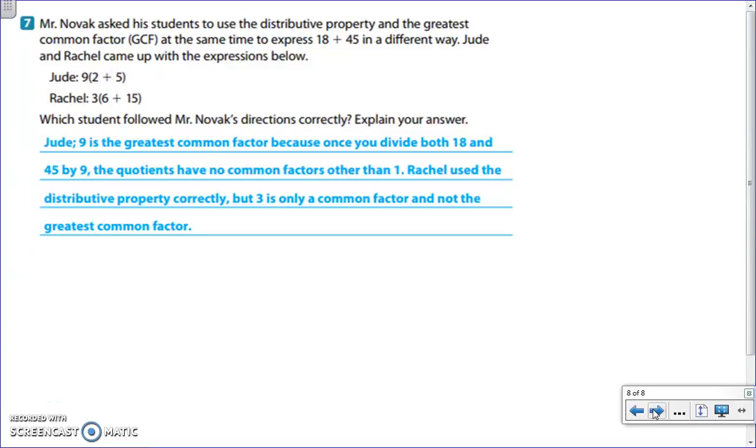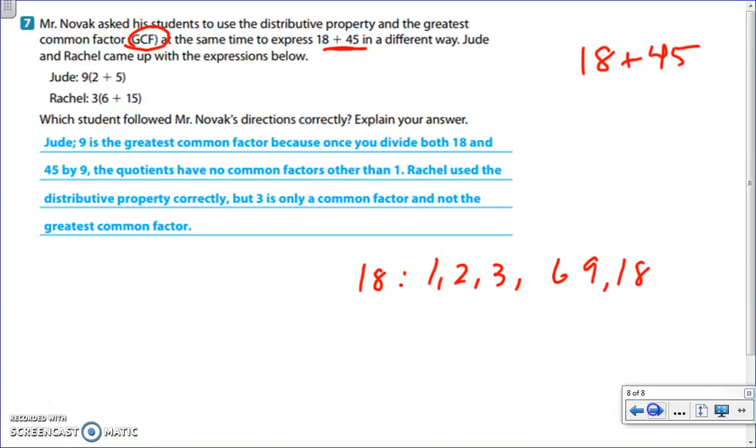So Mr. Novak wants them to use the greatest common factor and the distributive property with the sum, 18 plus 45. When we're talking about factors, we're talking about numbers that multiply to get 18. So we can make two lists of numbers: 1, 18, 2, 9, 3, 6, 4 doesn't work, 5 doesn't work, 6 is already on the list.